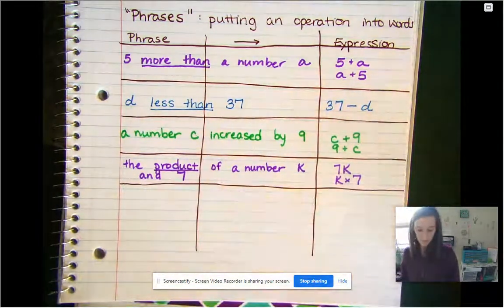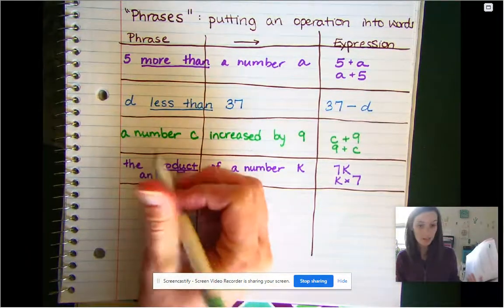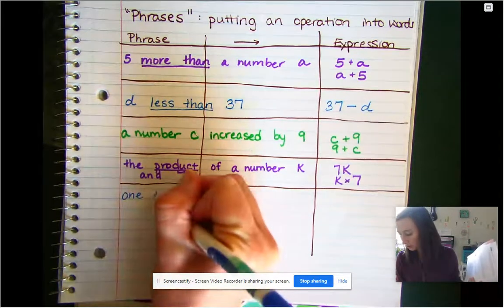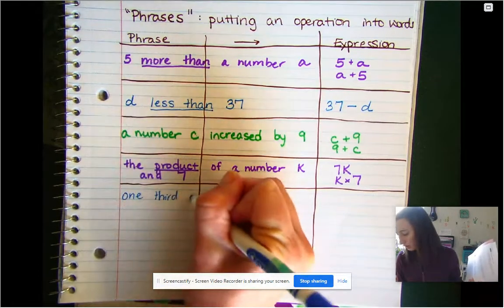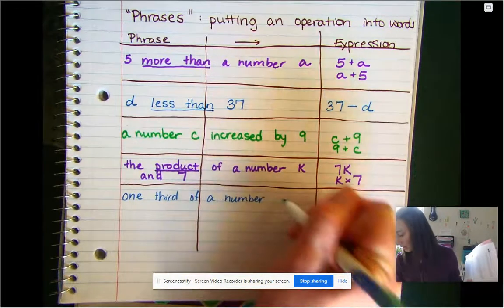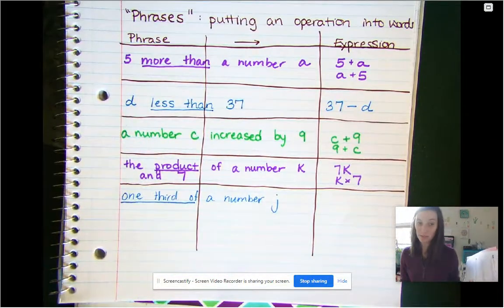Some words that might be division. If I said 1/3 of a number J. 1/3 of implies a part of something. So there's actually a couple ways. I guess this could be a multiplication.